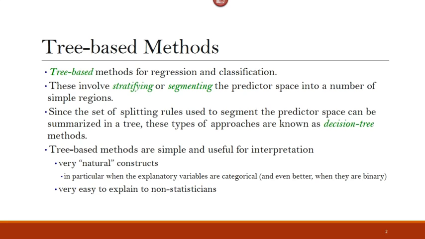Basically, the way you do that will define the rules that you can represent using a tree. The name tree is just the way of representing or drawing the decisions, the set of rules that you have to make a decision.